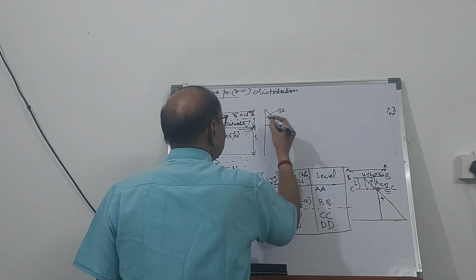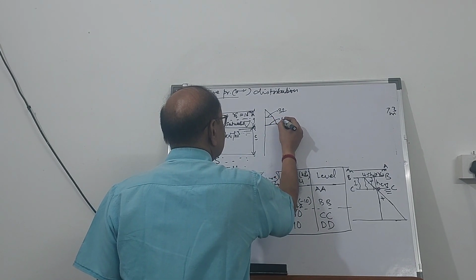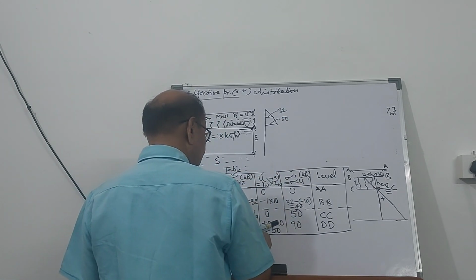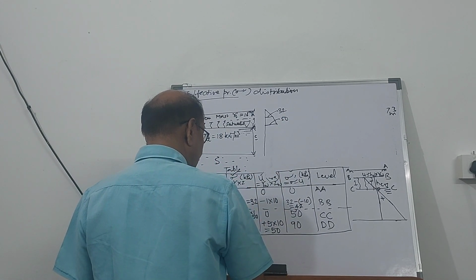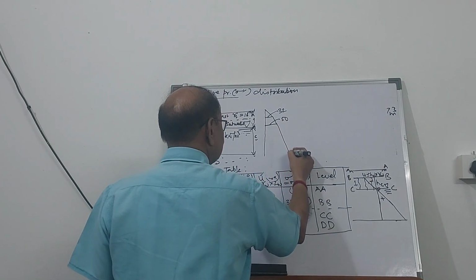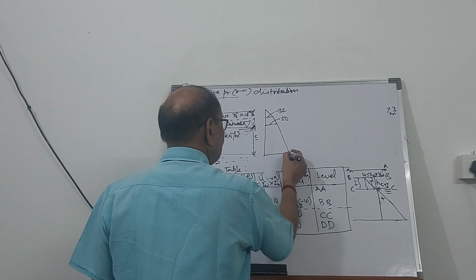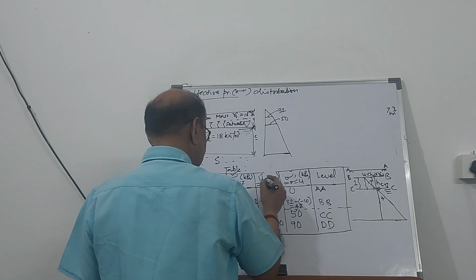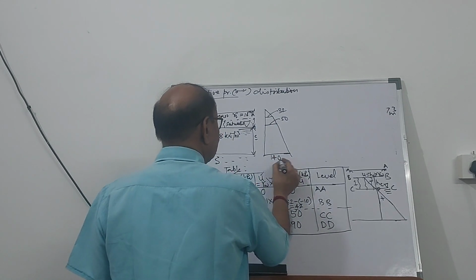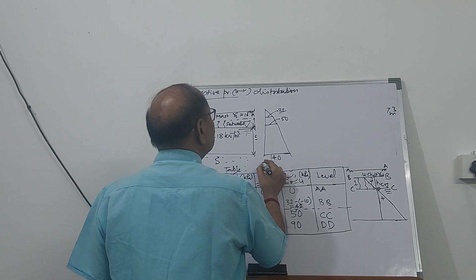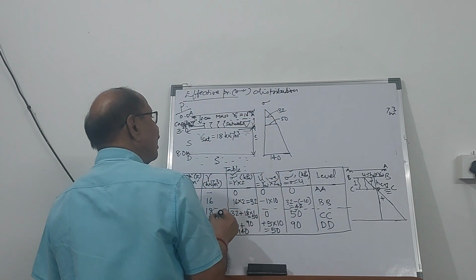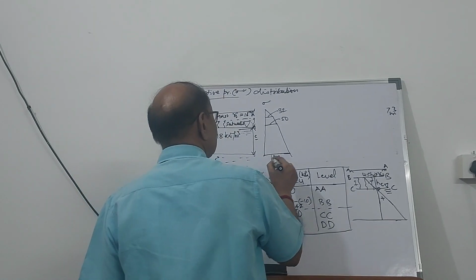So it is going to be 50 kilopascal. And when you come down to 8 meter, what is the pressure at DD? It is 140. So this shows you variation of total pressure sigma in kilopascal.